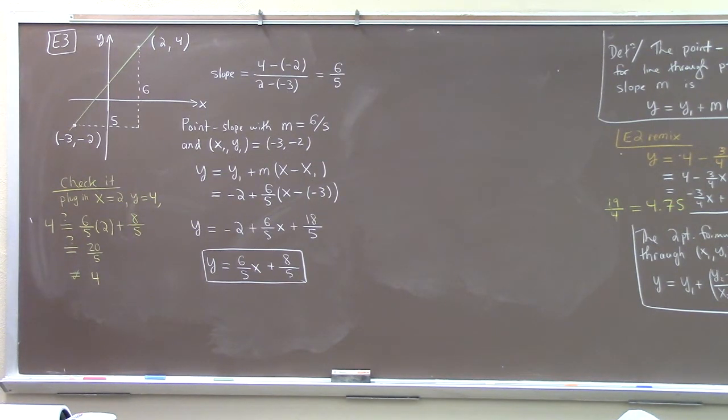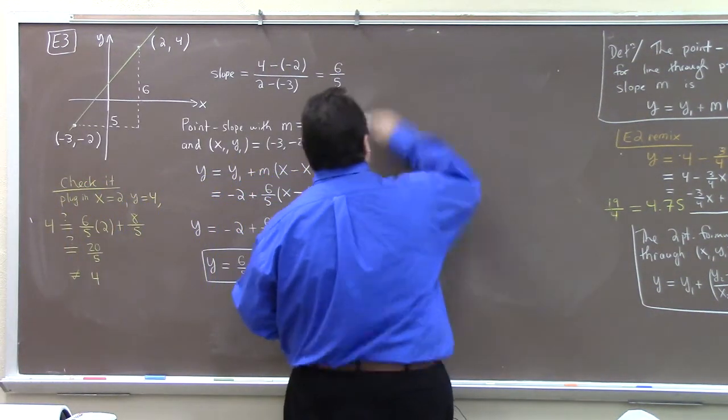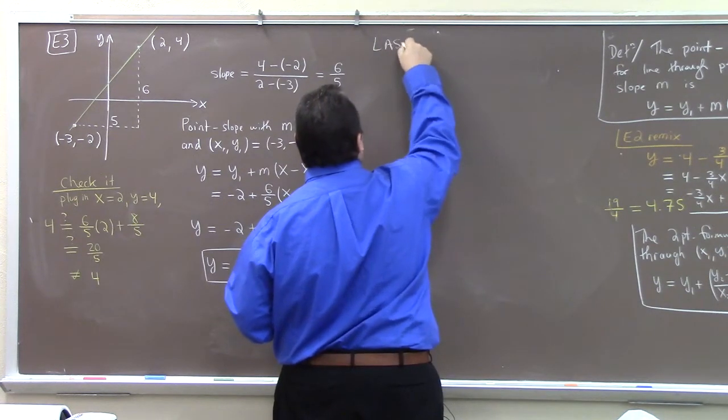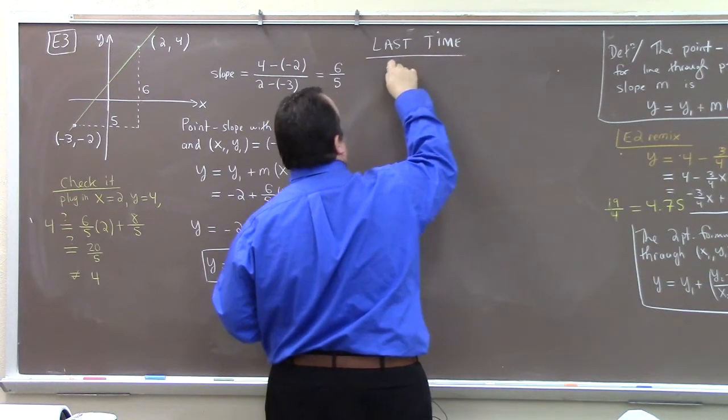Now, the equations I've shared with you don't always work. There are lines which are not the graph of a function. What did we learn last time? Remember what we learned last time? We talked about functions, right?